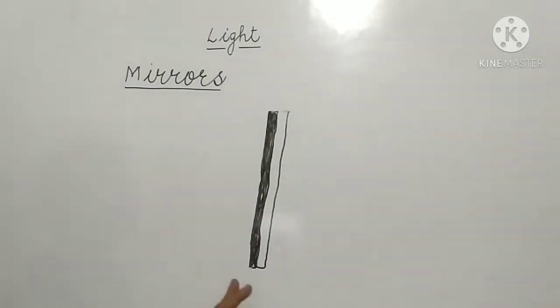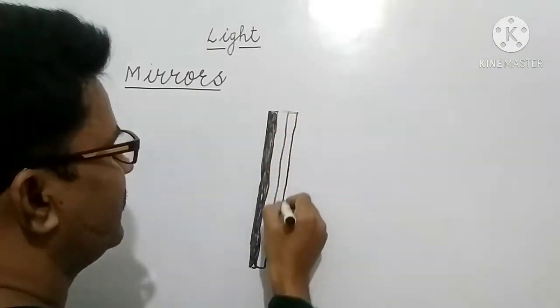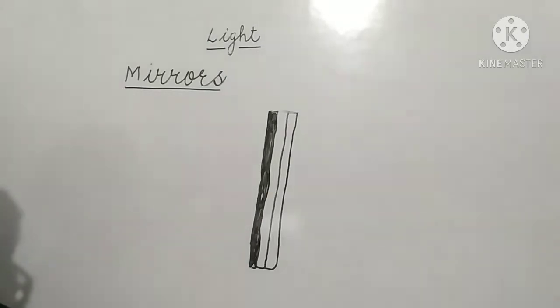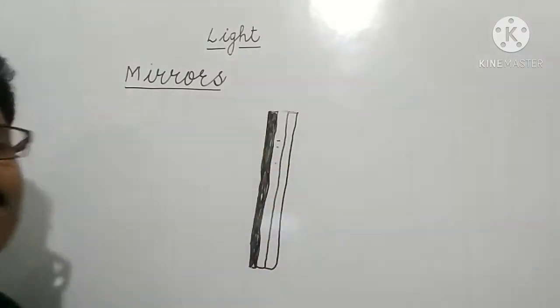The silver side is then coated with a dark paint, generally orange red, to protect the silver layer from scratches. This is the paint layer. Here it becomes a mirror. In any mirror, the silver layer acts as the reflecting surface.